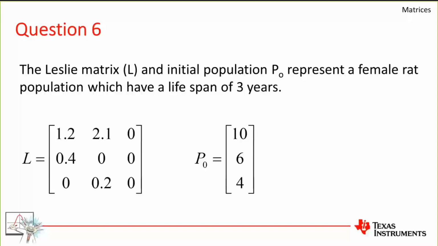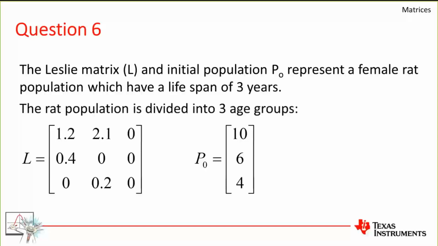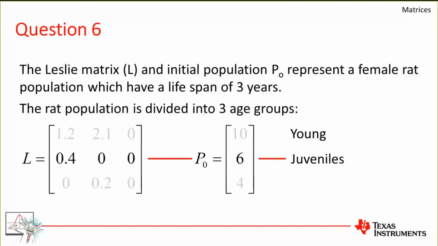These rats live for 3 years, and they're divided into the 3 age groups. The first age group being young rats, there's 10 of them. The second age group being juveniles, of which there's currently 6. And the last one being the adults, of which there's currently 4.